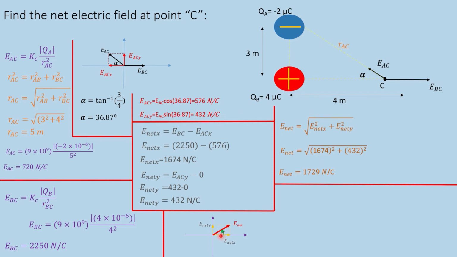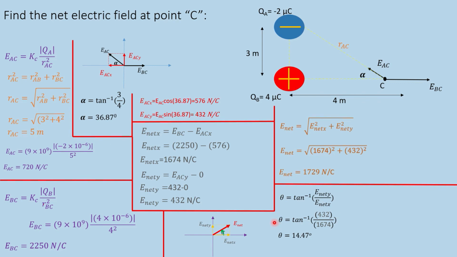To find it, it is equal to tan inverse of opposite over adjacent. The opposite with respect to this angle is this vertical dashed line, which is the same as E net y in magnitude or in length, and the adjacent is E net x. So theta equals tan inverse of E net y over E net x. We replace the values and we find the angle theta as 14.47 degrees.